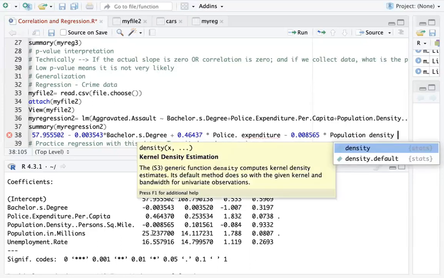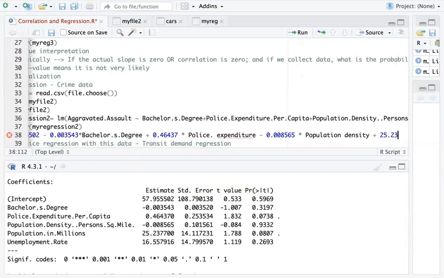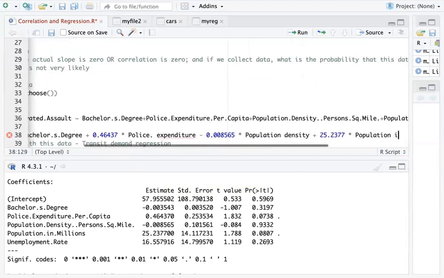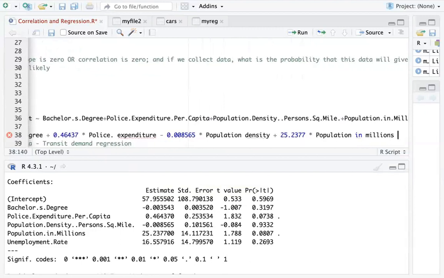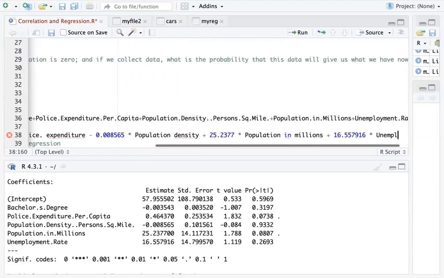The second last one is population in millions, and its slope is 25.2377, multiplied by population in millions. And the last one is unemployment rate, and its slope is 16.55, multiplied by unemployment rate.